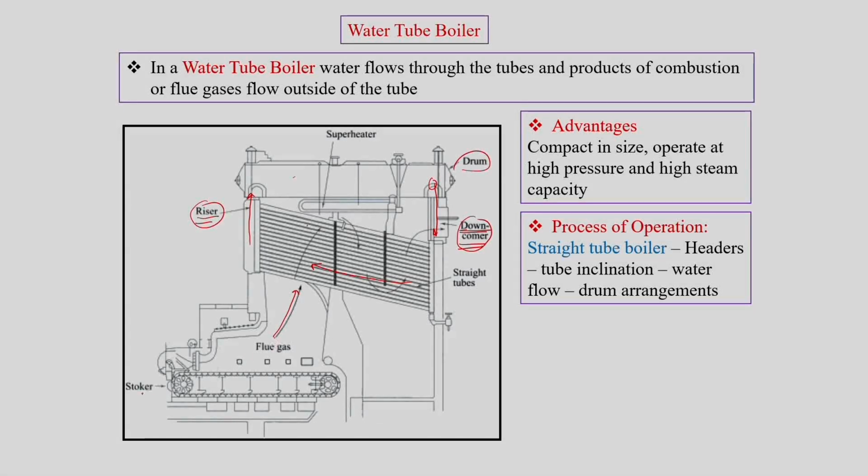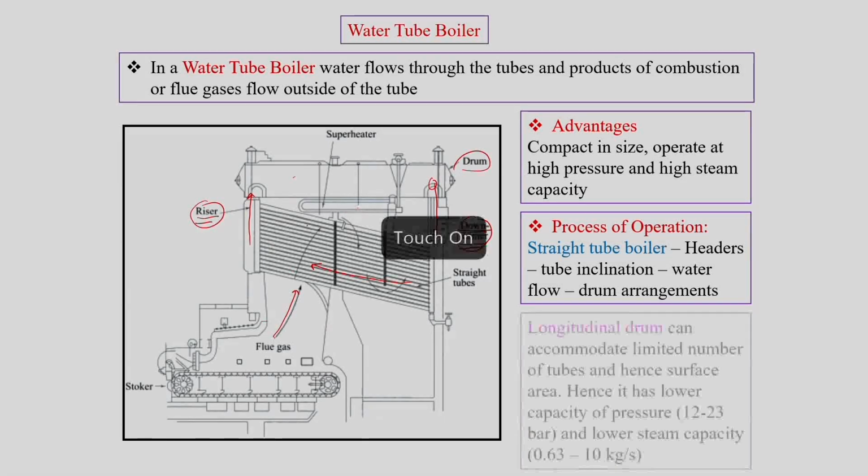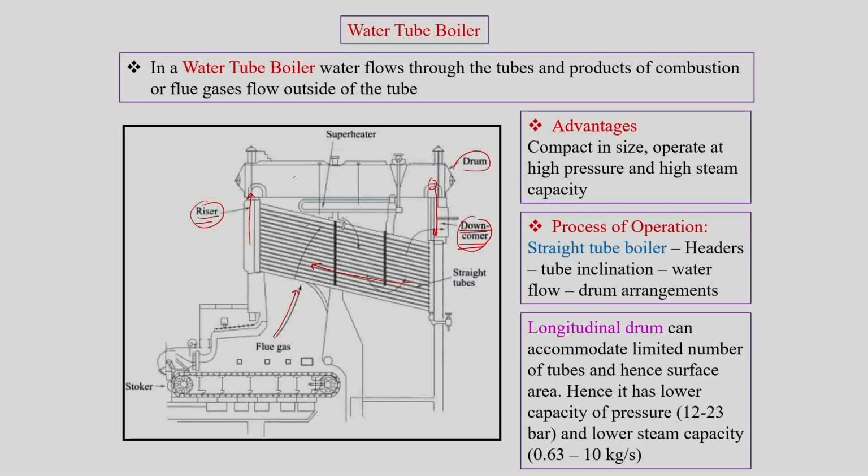Further, in the path of the gas we will have the water tubes plus the superheater as well. Here we can have different arrangements of the drum. The arrangement we are seeing on the screen is called a longitudinal drum, where the tube and drum are at least in a plane, either parallel or on the same plane.